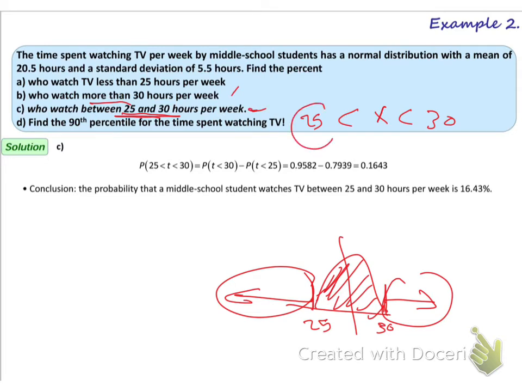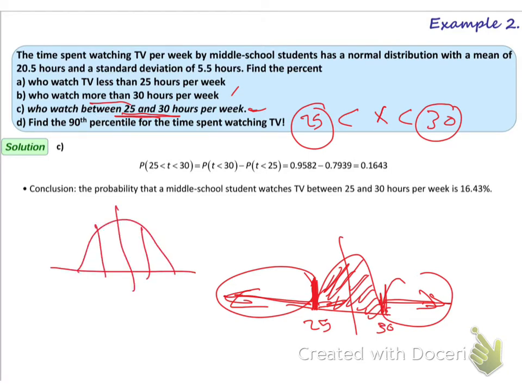So greater than 25 and less than 30 is this area, and I already have the area which is less than 25 and the area which is more than 30, which should not be included here. So in this case I can get the probability. I already have the probability here.